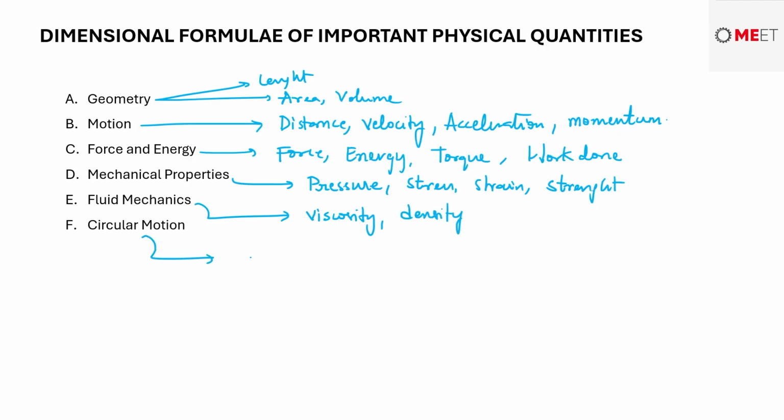Under circular motion, the quantities are angular displacement, angular velocity, angular acceleration, and torque. For all these quantities, we are required to write the dimensional formula. We will be seeing that in the next lectures.